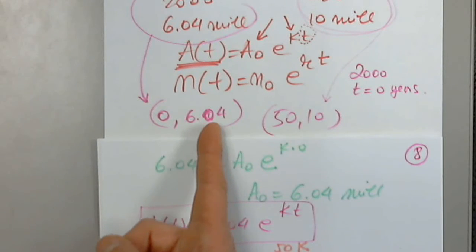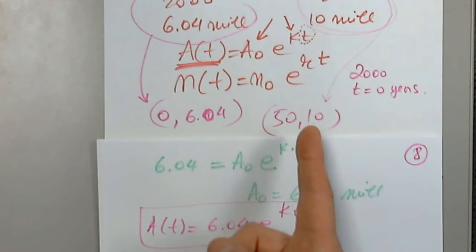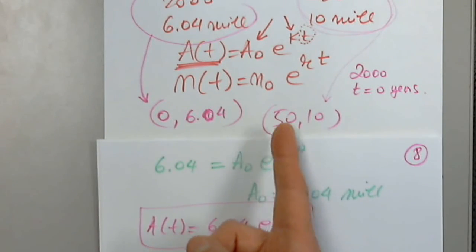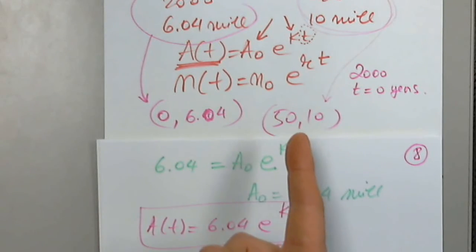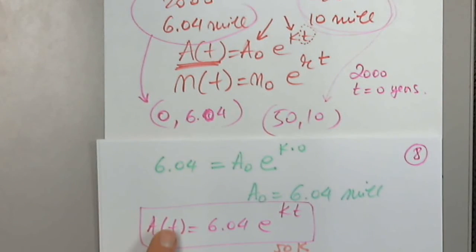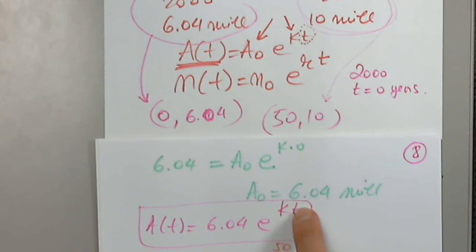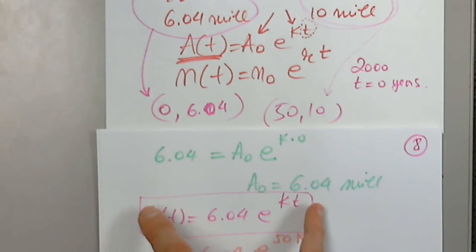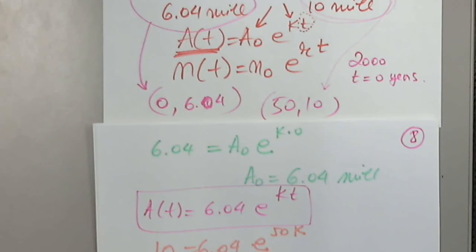If I have 1, 2, then f of 1 is 2. If I have 50, 10, I have A of 50 equals 10. So A of 50, which is 10, equals 6.04 times e to k, which I don't have, times t, which is 50. So when I plug in 50, 10 in this expression, I get this. Is that clear? Better? Anyone?